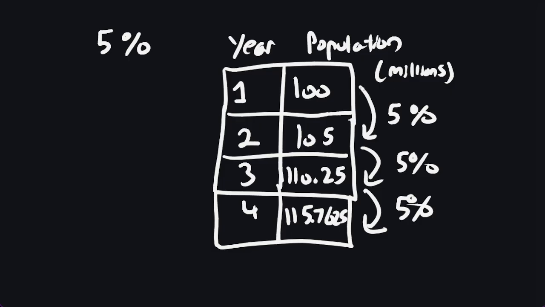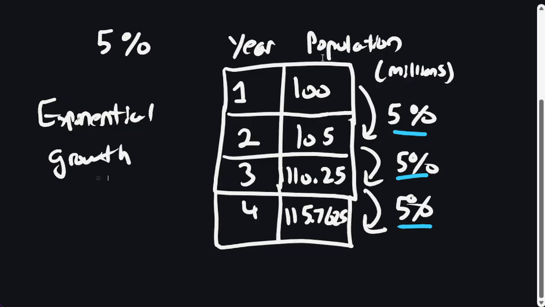But each year, the population increases by a fixed amount, 5%. And that's the key here. If there's a percent increase or a percent decrease with a fixed percentage, then we can describe this growth as exponential. This is exponential growth right here.